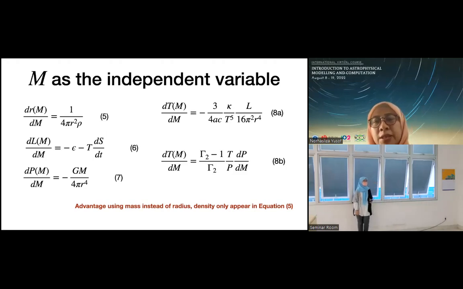Here, the effect of 8A is very small for the massive star, so the effect will come really great in this 8B. If gamma, if I'm not mistaken, we have to comply with the 4/3 pressure condition.